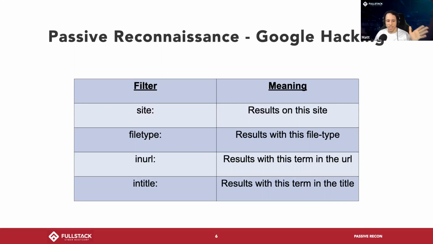You're using these operators to limit the results that Google brings back to you. The big popular ones, the ones that are pretty useful, are site, filetype, inurl, and intitle. There is obviously much more to them than that, and I'll give you a good resource that you should bookmark to use.